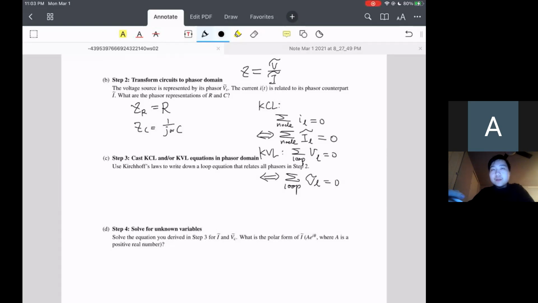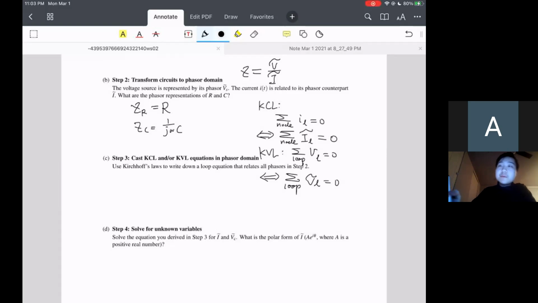Recall that KCL states that all the current passing through a node sums up to 0, right? Since phasors are linear, if we take the phasor representation of both sides, we see that the phasor current passing through the same node also sums up to 0, since the phasor representation of 0 is 0.